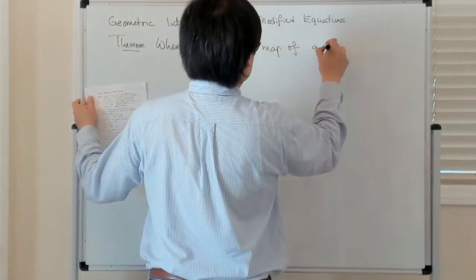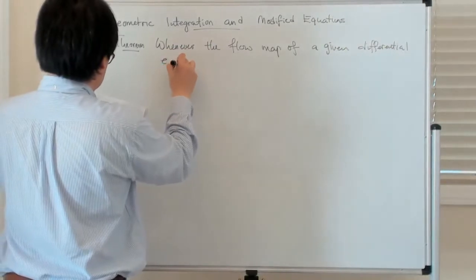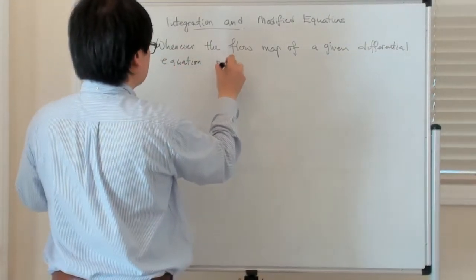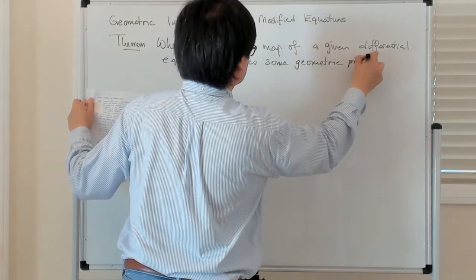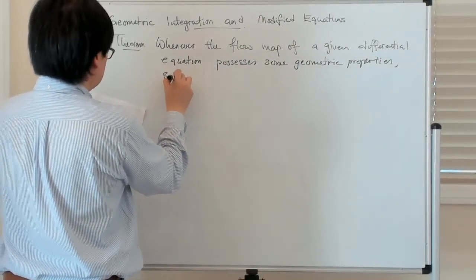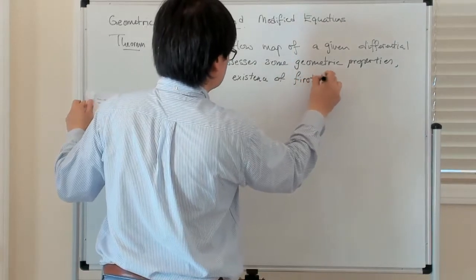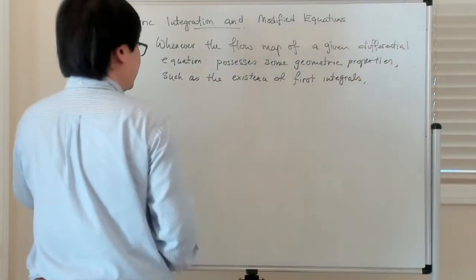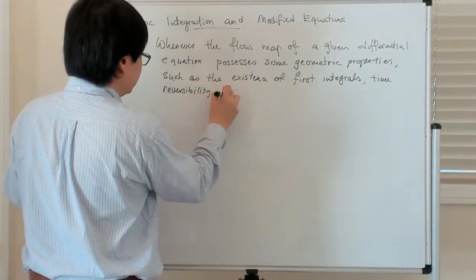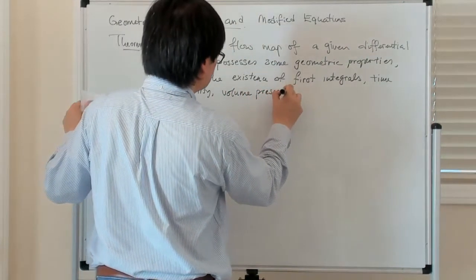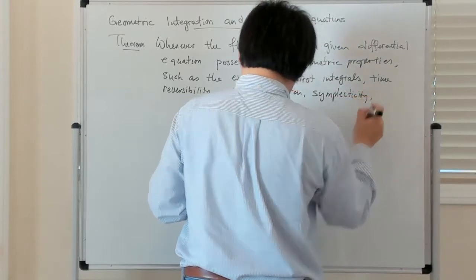of a given differential equation possesses some geometric properties, such as the existence of first integrals, time reversibility, volume preservation, symplecticity, and numerical discretizations.